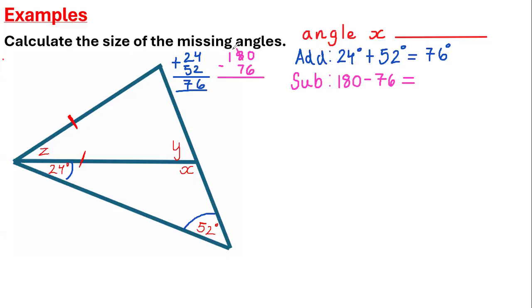So this becomes 7 and this is 10. 10 minus 6 is 4. 7 minus 7 is 0. 1 minus 0 is 1. So the answer is 104 degrees.